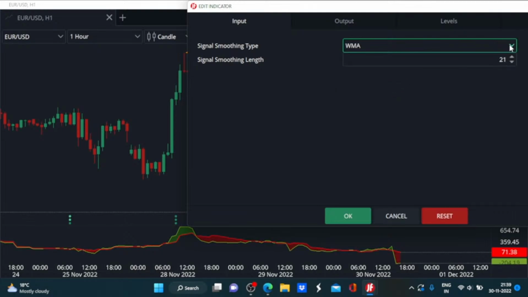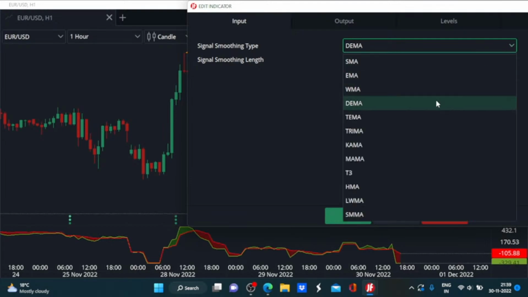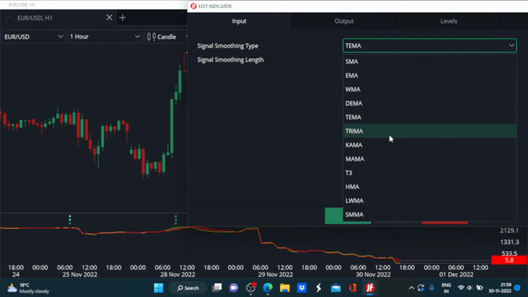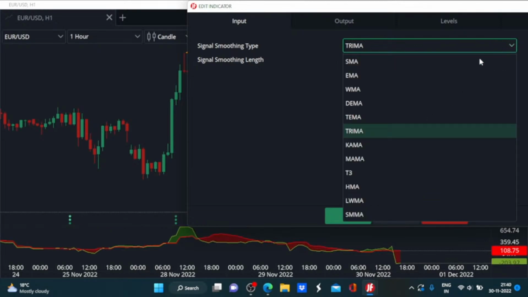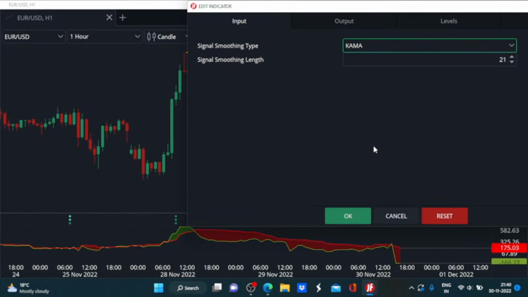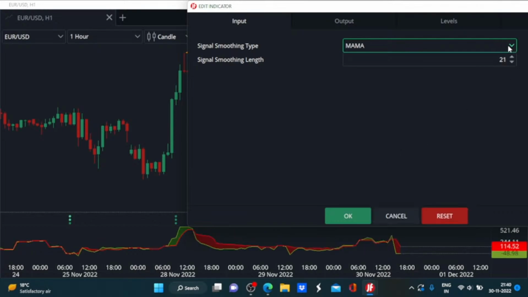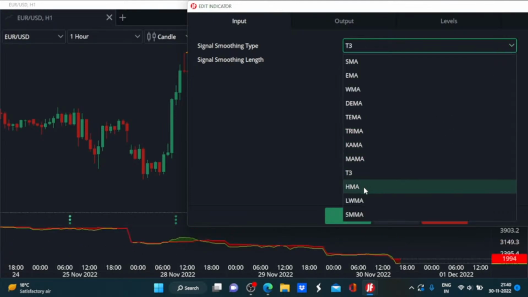So you will have to pay attention to the charting of the indicator's output with these different moving average types, and then decide which kind of moving average is serving your purpose best, giving you good enough stability as well as a higher probability of getting the trade right, and then you can go for that moving average of your choice. So you will have to try it out and then determine for yourself.